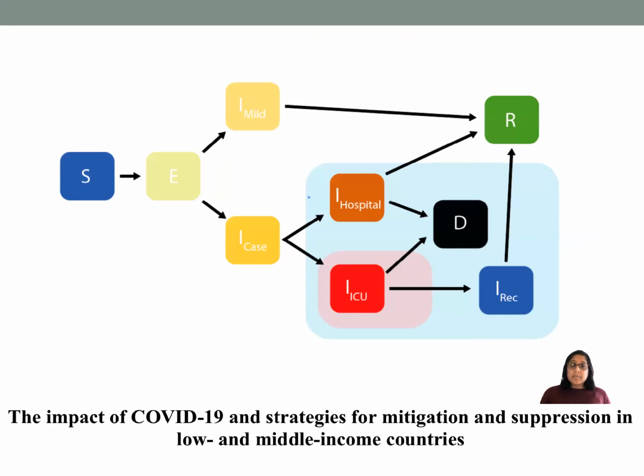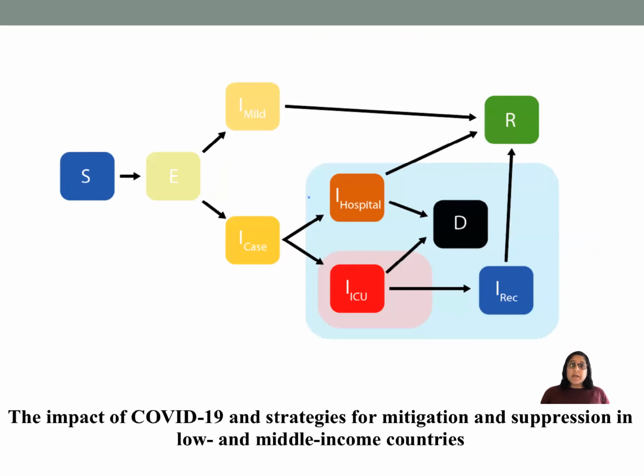In this publication, the authors made a more complex model where they showed individuals in the susceptible category, in the exposed category. So this means that they've been exposed to the virus, but are not yet themselves infectious.